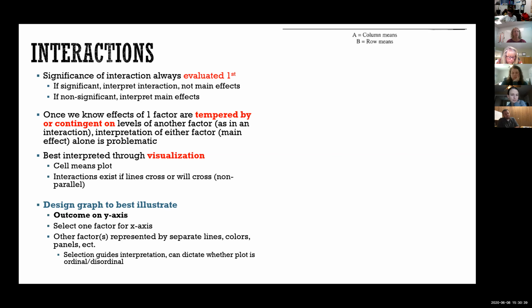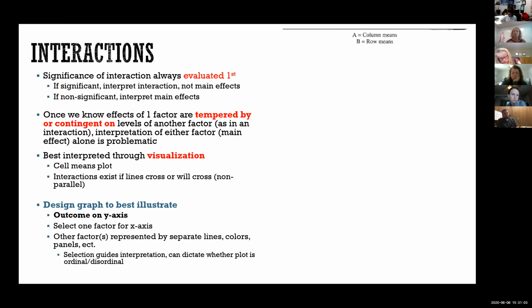The general rule of thumb: you've got to choose one predictor variable for the x-axis, and the other one to be the line type. You generally want to choose the more ordinal factor to be on the x-axis, if it has more order to it. Like ethnic group doesn't really have order to it, so that would be a poor choice for the x-axis.